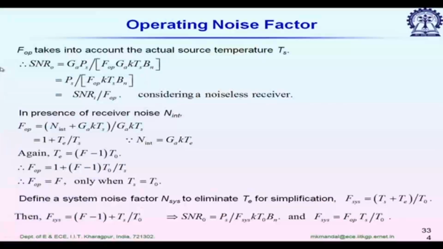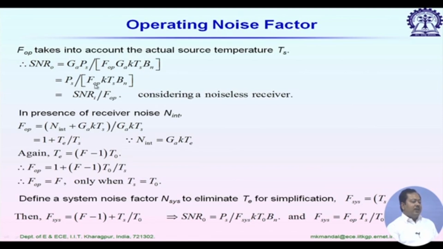Then SNR at the output is equal to G A Ps, the output power, divided by the output noise power. We are expressing it in terms of F OP. So, this is equal to G A Ps divided by F OP G A K Ts into Bn, over a noise bandwidth Bn, where G A cancels out.